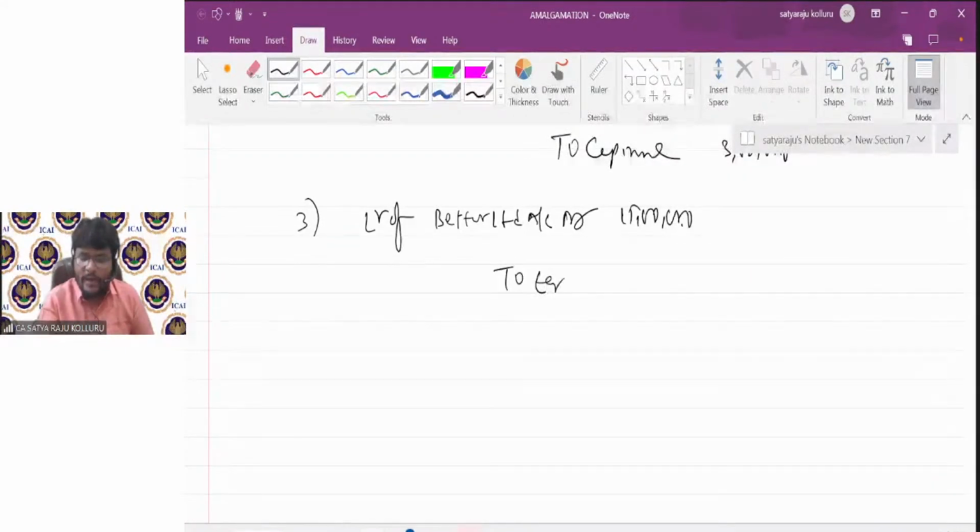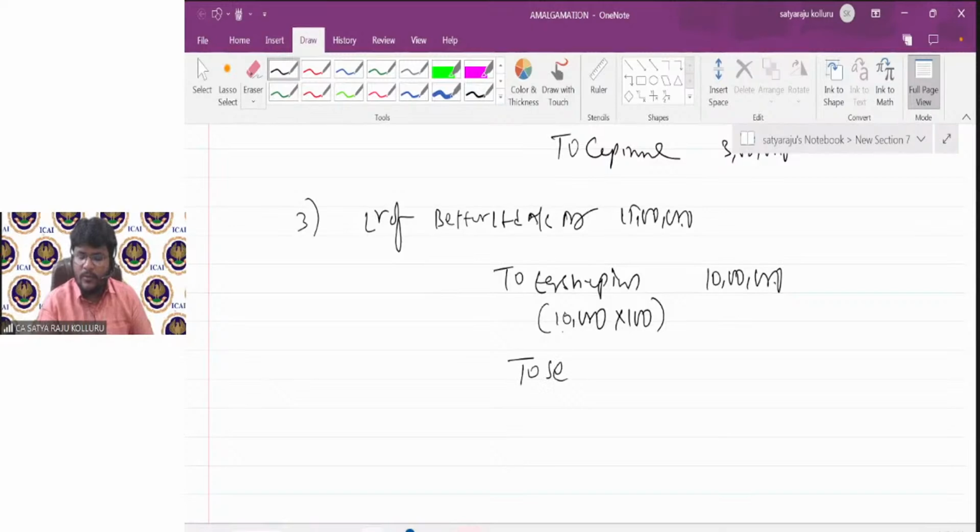That's why to equity share capital, 15,000 shares into face value 100 rupees. Always you need to create it with the face value only. Sorry, 10,000 shares, right? Not 15,000. 10,000 shares into 100, which is equal to 10 lakhs. The excess over and above the face value is securities premium. To securities premium account, which is 5 lakhs.